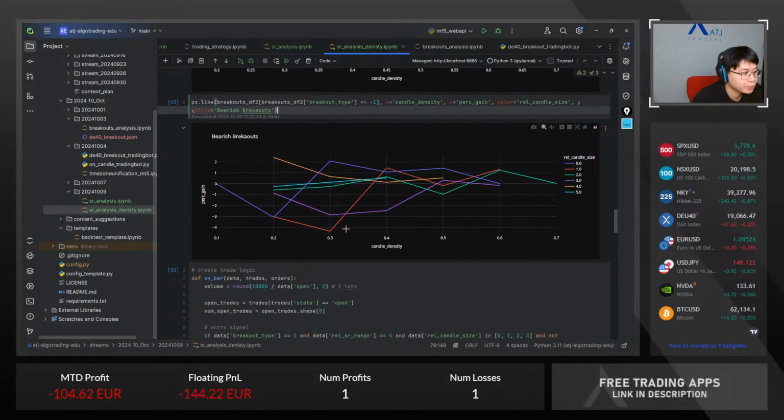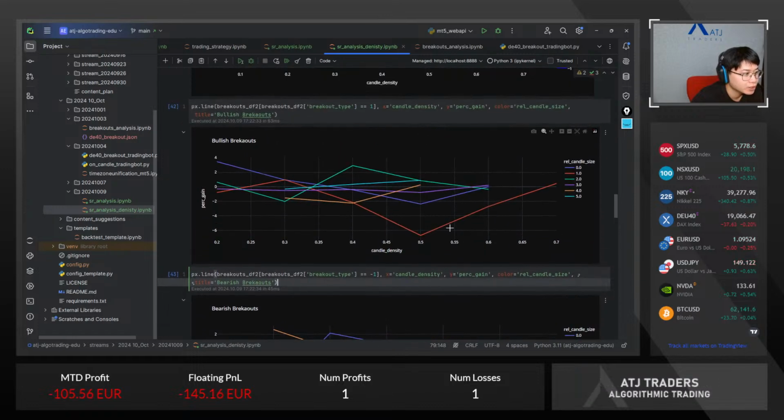Again, I like separating bullish and bearish opportunities, right? So here we have relative candle size 1, 0, and 3, and 2 seems to be not profitable anymore. But most of these lines here indicate we should go short between 0, 4, and 5. So I think that is very interesting.